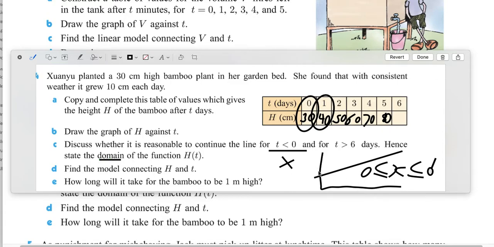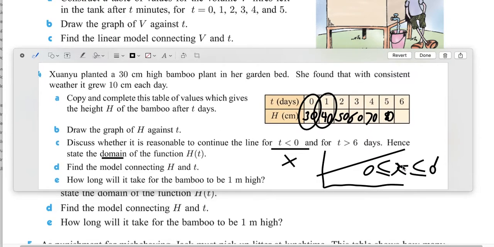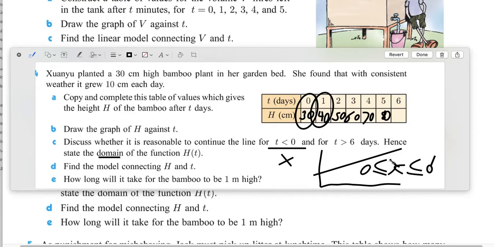Now the range is going to be the difference in the y's. Now we could argue that rather than writing x, we should really write t, because for the domain, the x-axis in this instance is actually t. Now let's have a look at the range.